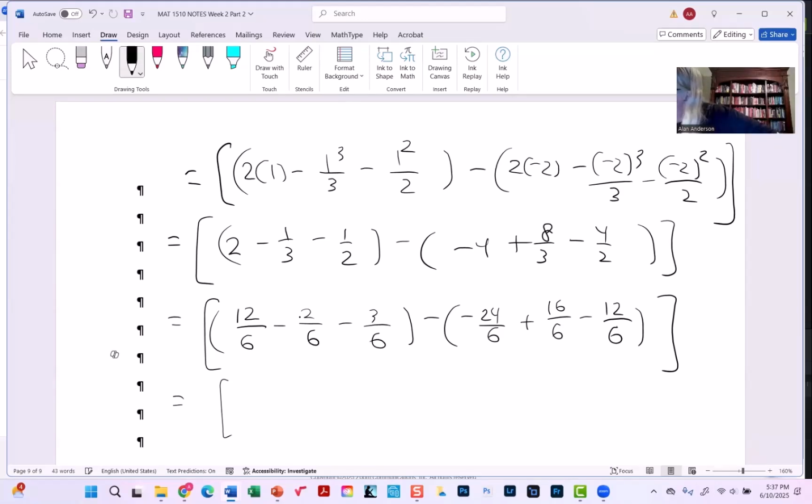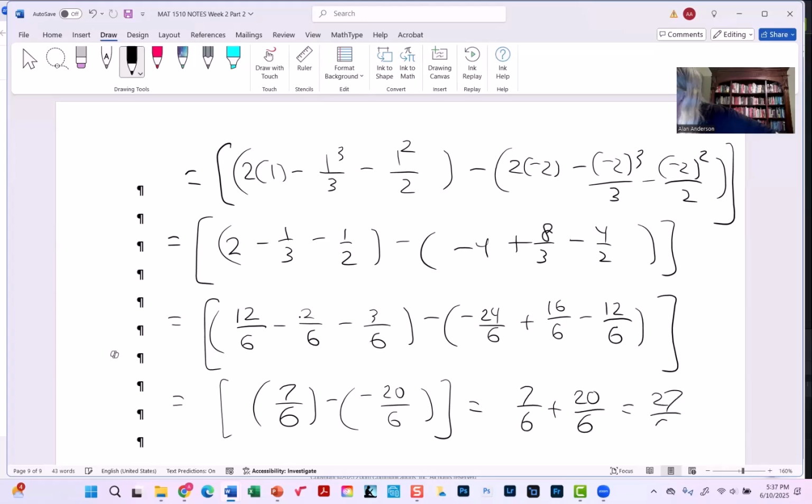So inside the parentheses on the left, 12 minus 2, that gives us 7, 6. Over here, we have the area is 9/2.